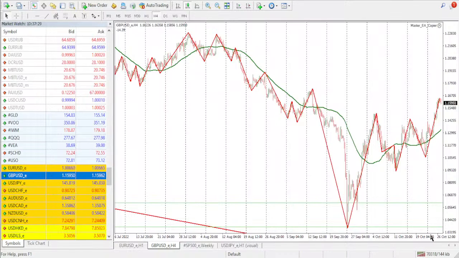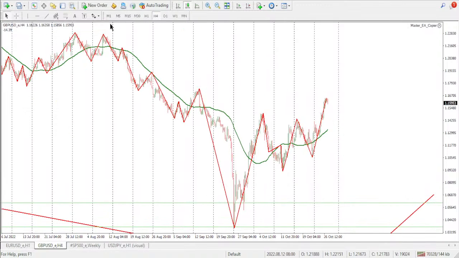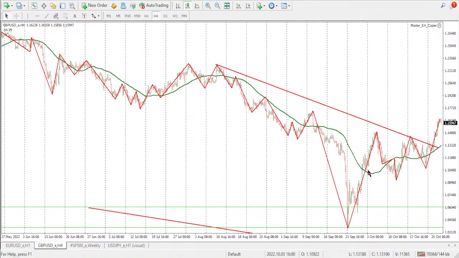The same thing which happened on GBP/USD, we expect to be the same thing which is happening on Euro USD. This has now turned into an uptrend because we had numerous lower highs like this. Even if you put it there, you can see that the price still crossed above all of them.